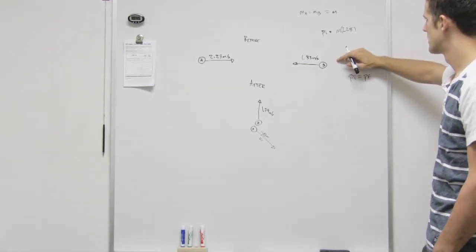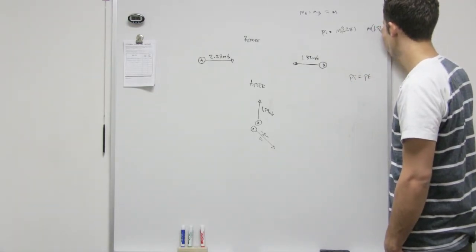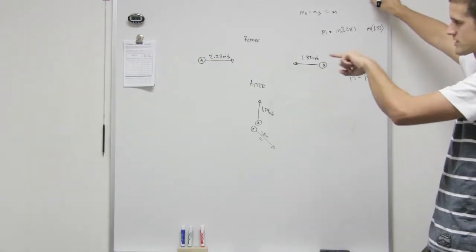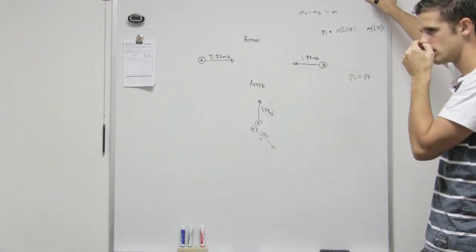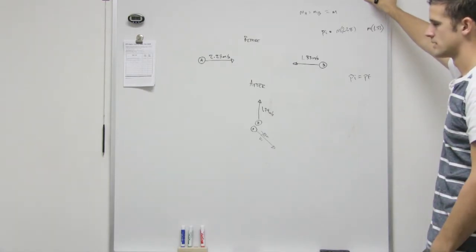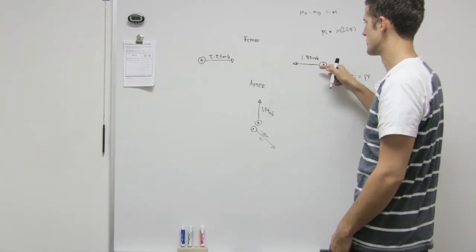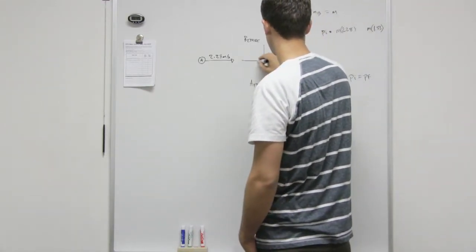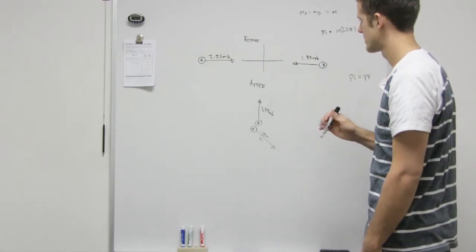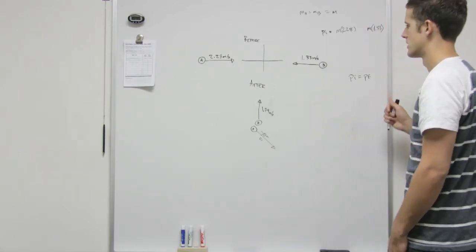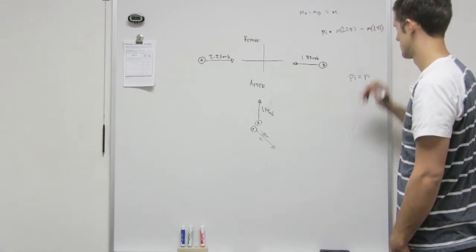Mass times 1.33. And since they're both on the x-axis, how are we going to combine the two of them? You don't need to use trig, they're both on the x-axis. But will one of them be negative or positive? Yeah, 1.33 would be negative.